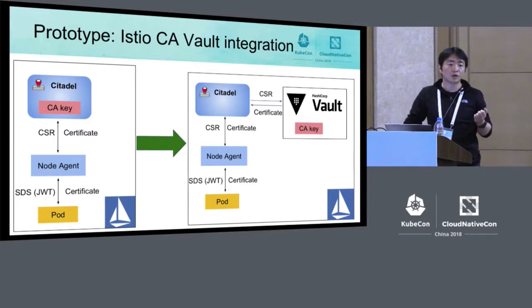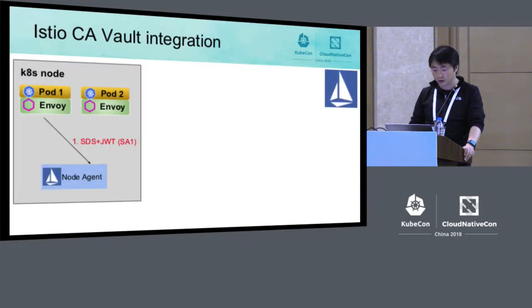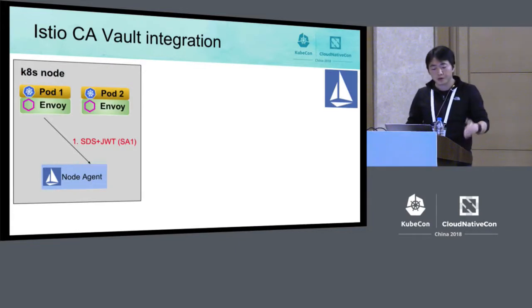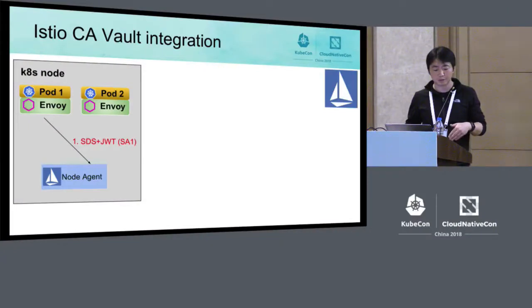Vault supports using an HSM, hardware security module, to store the private keys and manage the private key security. And let's go back to the flow. So the first step is when the Envoy of a workload wants to get a certificate, it sends a secret discovery service request plus its own identity to the node agent.